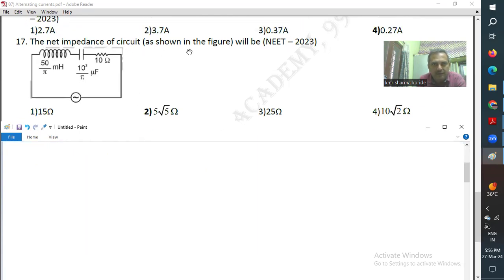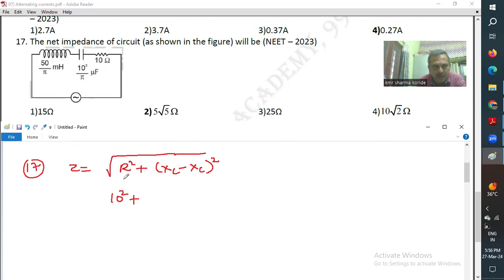The net impedance of the circuit. So this is question 23. Net impedance, get back impedance equation. So it is in terms of resistances only. XL minus XC whole square. So how much is R? 10. So it is 10 square. XL directly millihenry given. So 50 by pi with 10 to the power of minus 3.